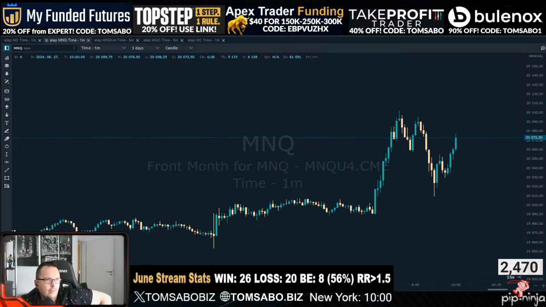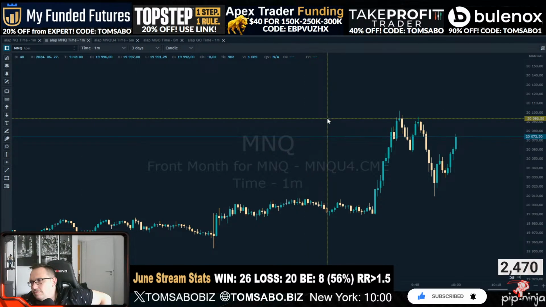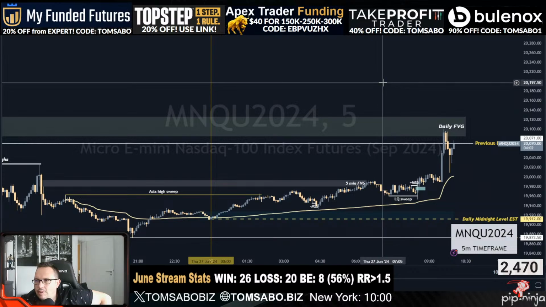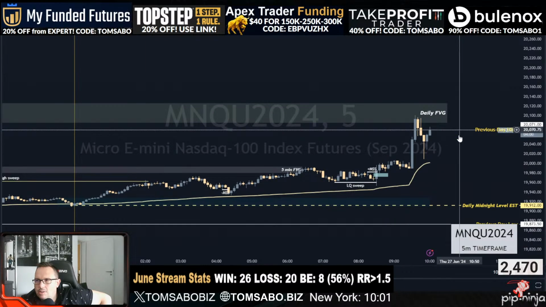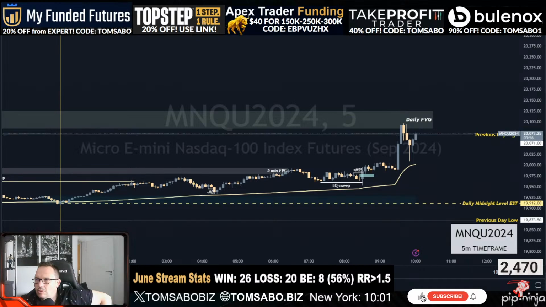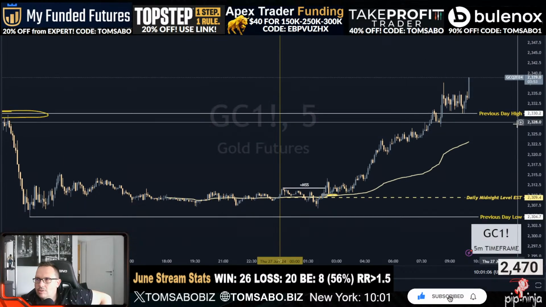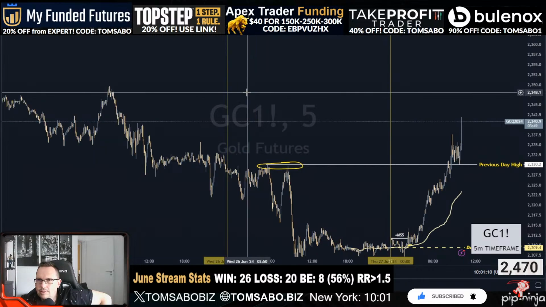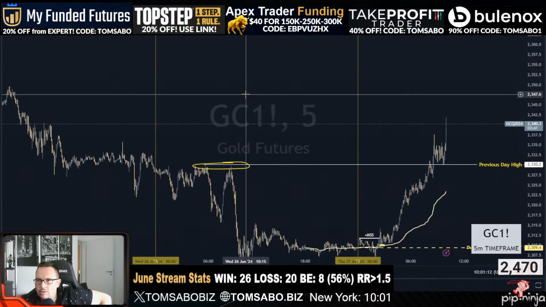Okay, this is not moving. Created a structure here, but I don't know if it's going to go higher. Gold is going higher. Wow, look at that. Gold just started to shoot up. No entry for me on gold, of course.